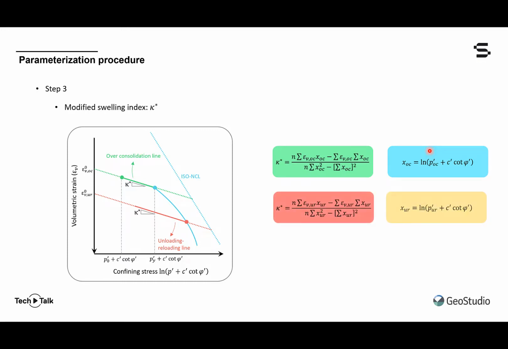So the method of least squares can once again be applied to this straight line. The only difference between these two formulas is the intercept. You can see now that we had OC, but now we have UR to indicate that the data is on an unload-reload line. And UR again must lock into a specific value of mean effective stress where the intercept is taken. And again, that would be 1 kPa.